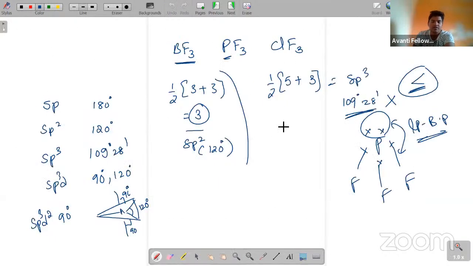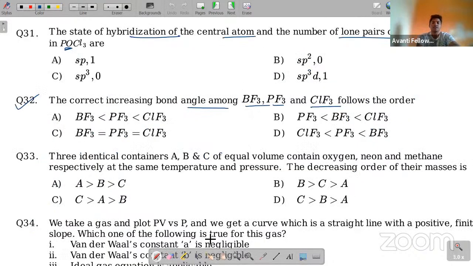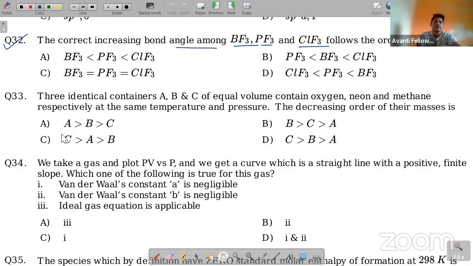Right. Next one is dependent on Avogadro's law. So question 33, identify. Next one: 3 identical containers A, B, C of equal volume containing oxygen, neon.